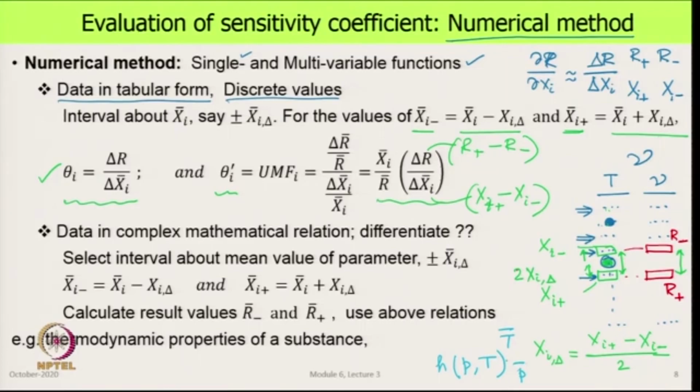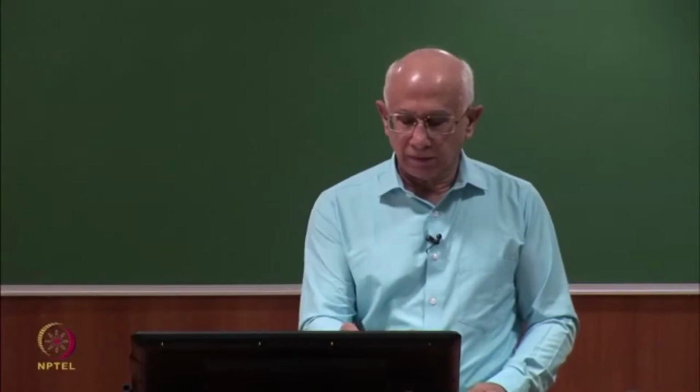So, the point at which we want the sensitivity coefficient would be P bar, T bar, which is basically x1 bar and x2 bar. So, this is one case, data in tabular form.